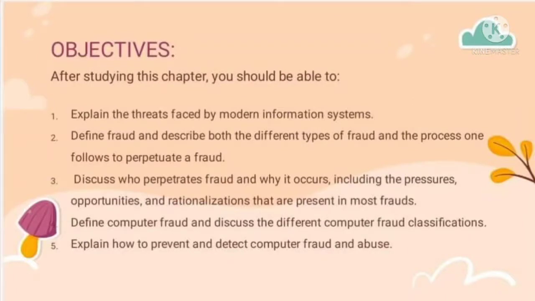Number three, discuss who perpetrates fraud and why it occurs, including the pressures, opportunities, and rationalization that are present in most fraud. Number four, define computer fraud and discuss the different computer fraud classifications. Number five, explain how to prevent and detect computer fraud and abuse.